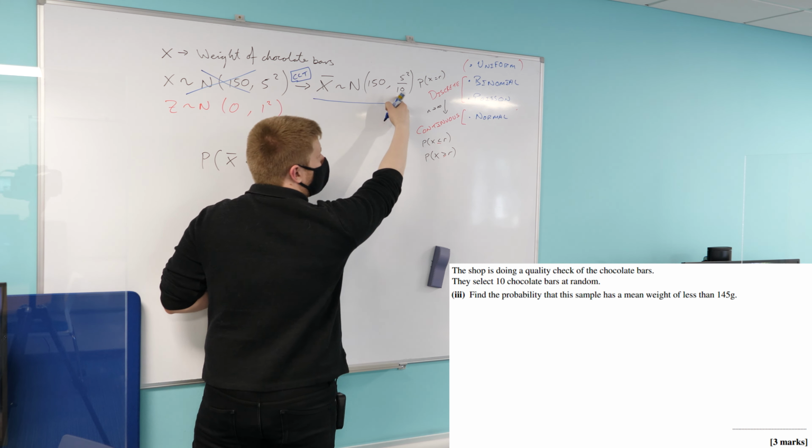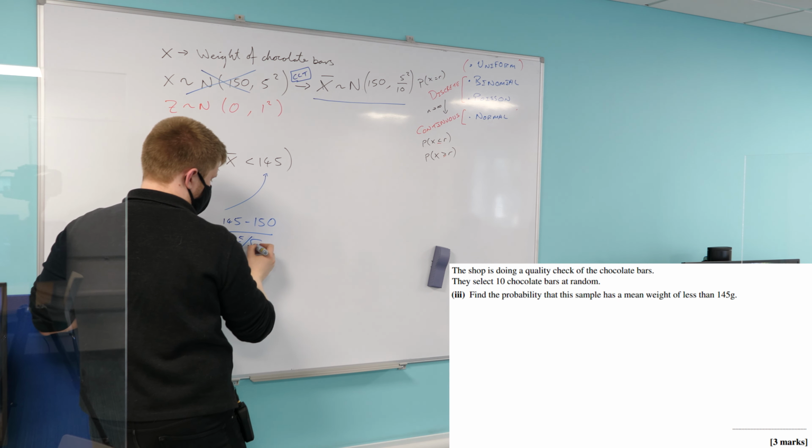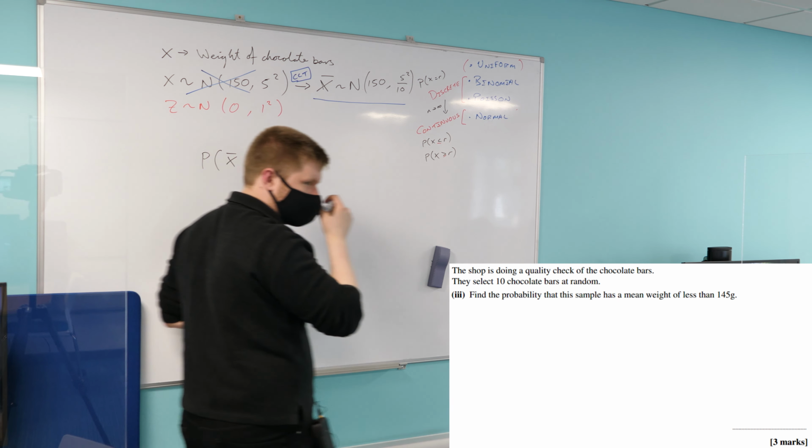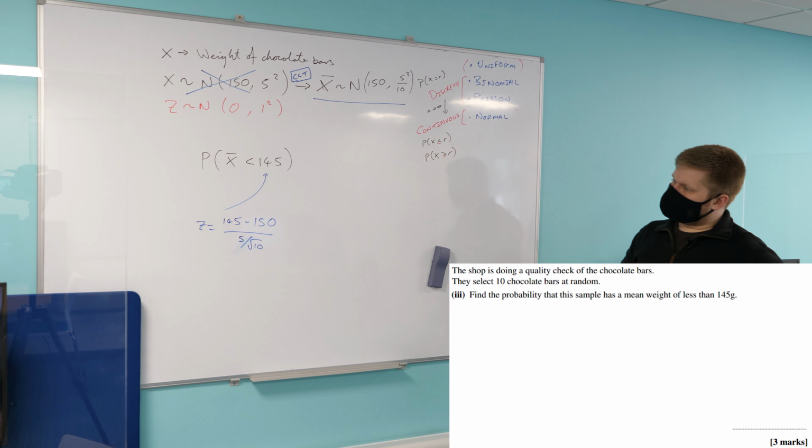So it's not going to be 5 squared over 10, it's going to be 5 over root of 10. Dividing by the standard deviation, it's simply the square root of 5 squared over 10. Square at the top, square at the bottom.